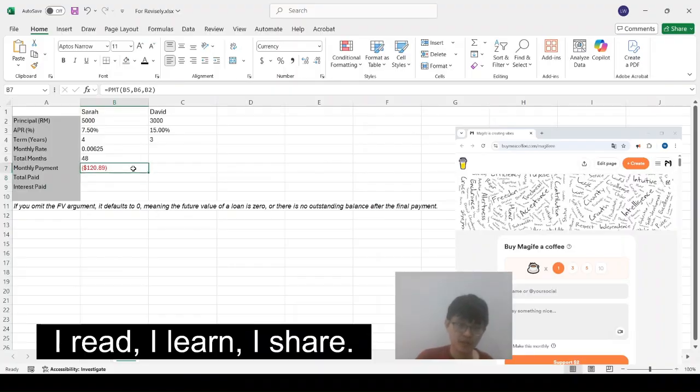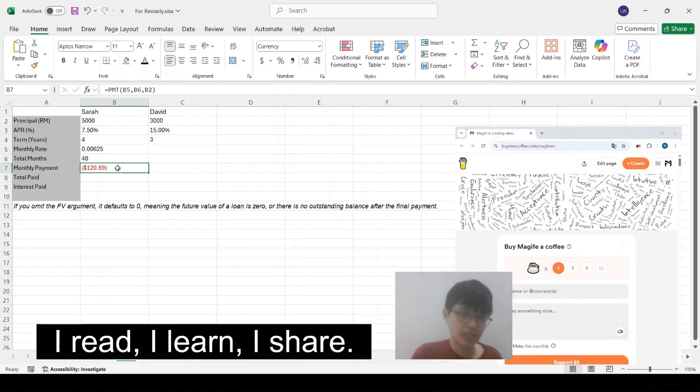Because this principal is borrowed, the monthly payment is actually the monthly repayment. So it should be negative from Sarah's or David's pocket.